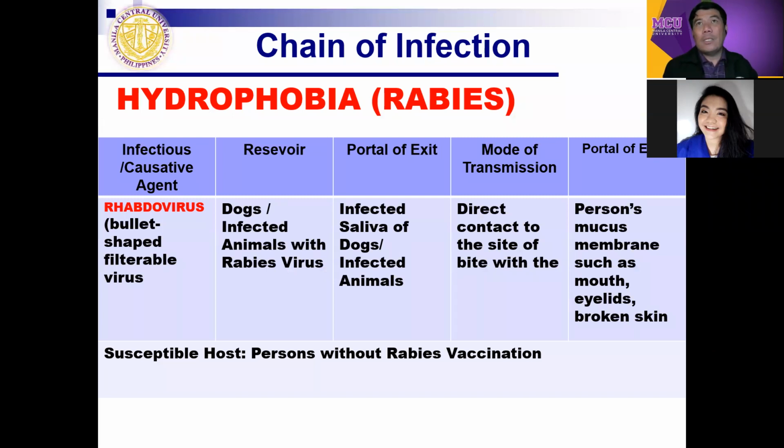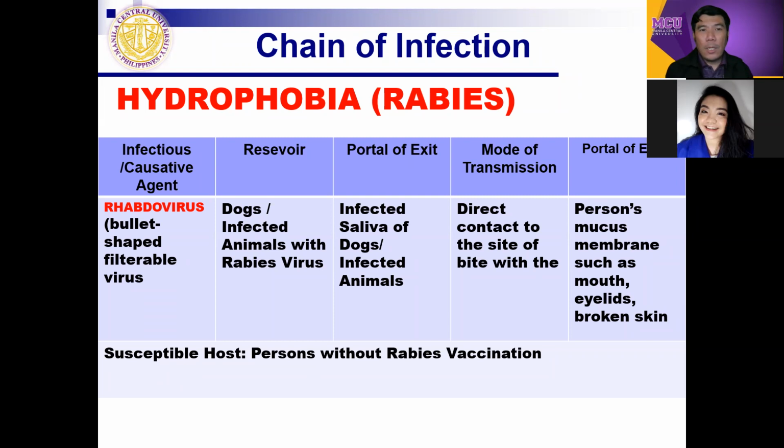In the periods of disease, we have already applied it in the incubation period. Di ba? Yung sa incubation, if you can still remember yung sa rabies or hydrophobia, the person had been bitten by the dog, so he will have an incubation period of 10 days to 15 years. So 10 days is the shortest. Next, we consider the prodromal period if the patient is already experiencing chills, fever.